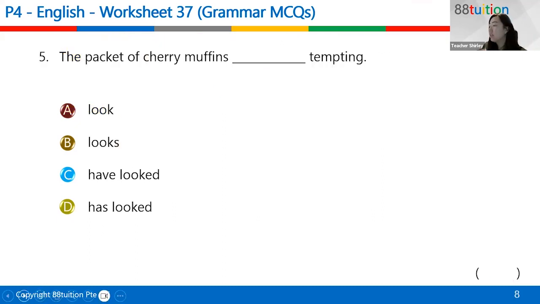Question 5. The packet of cherry muffins, what tempting. Can we have someone else? Because I think Ivan and Grace have answered, either Phoenicia or Jared. Phoenicia, you want to try?